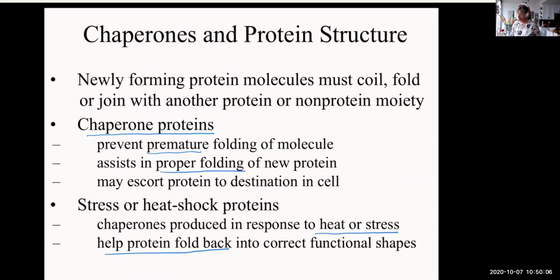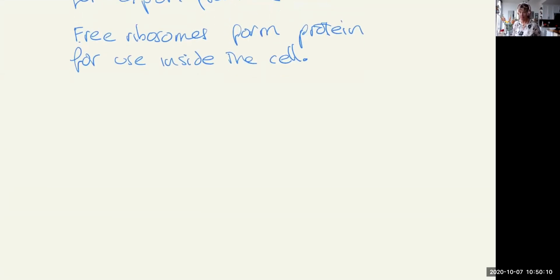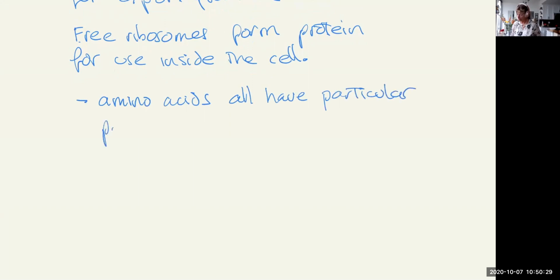So perhaps I'll write a little note here about that. So you can continue writing. Amino acids all have particular properties, such as polarity.